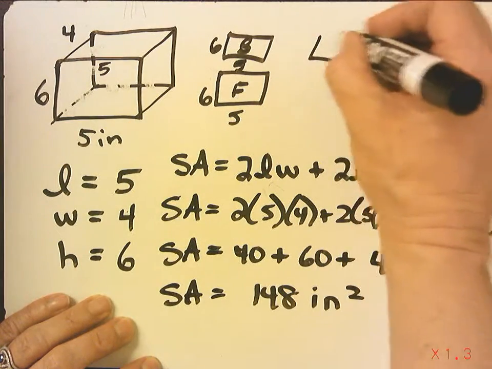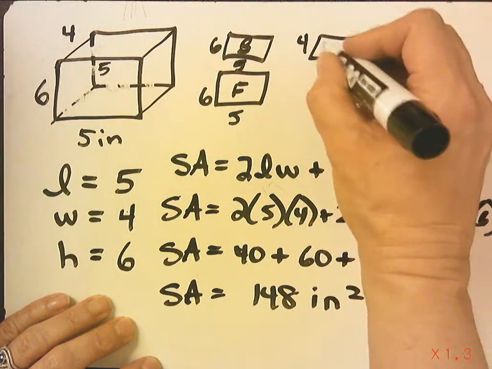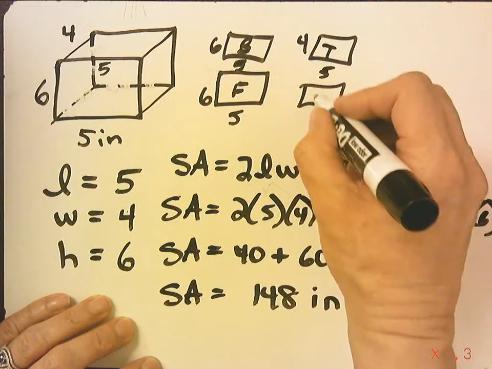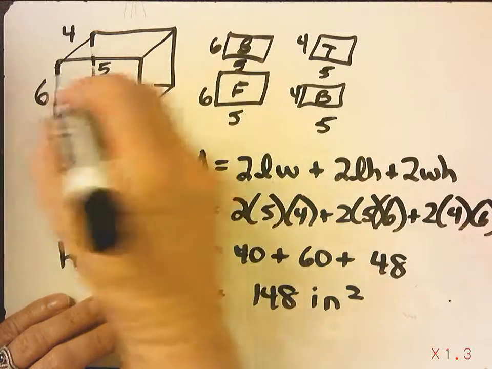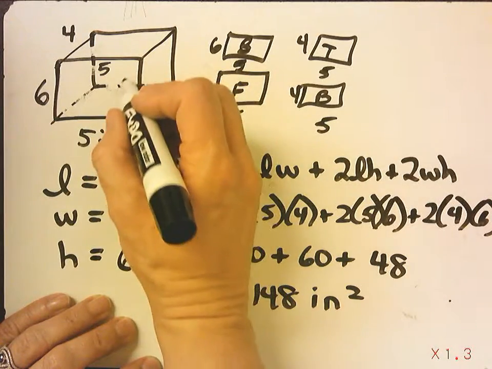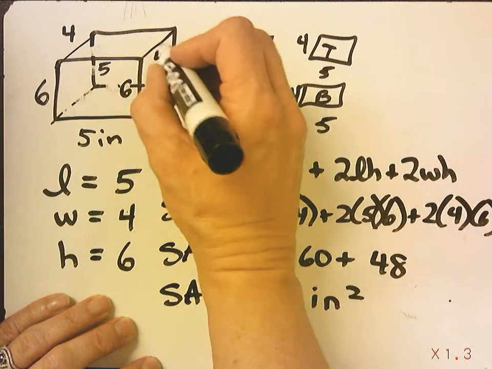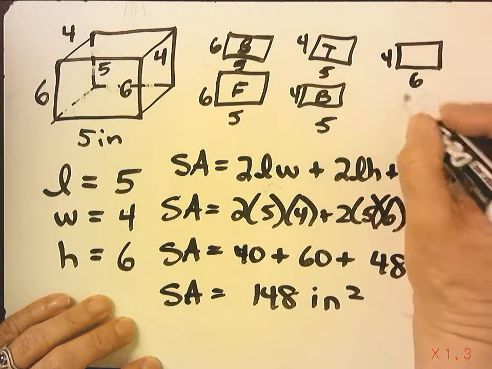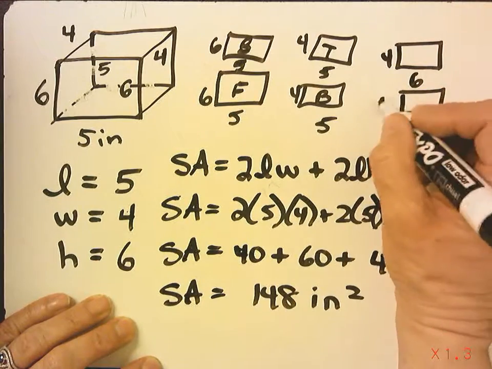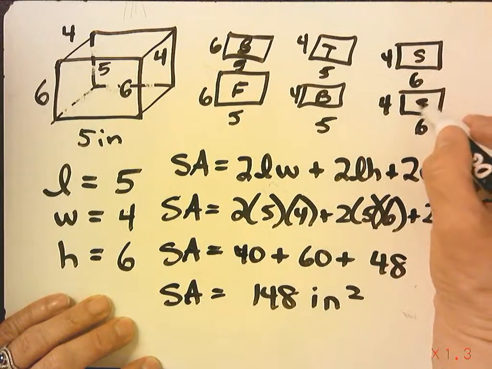The top is 4 by 5 and the bottom is 4 by 5. Then we have side and side, and the side is 6 by 4. So we have 6 by 4 and 6 by 4, and that's side and side.